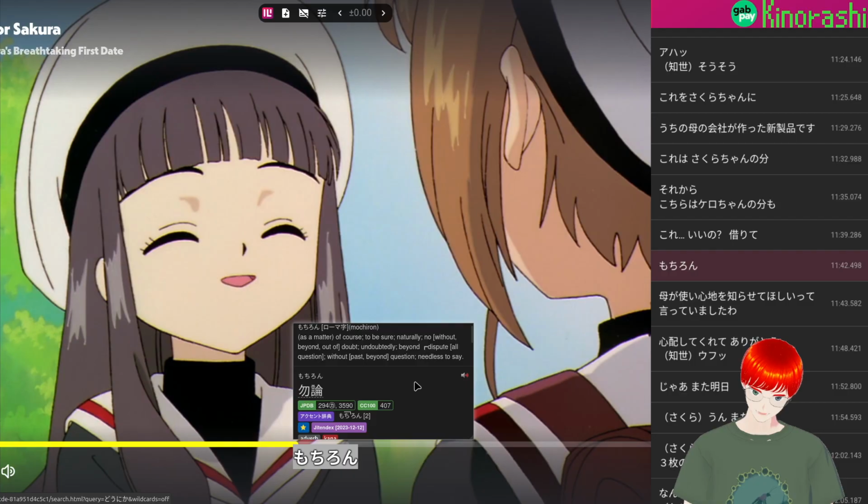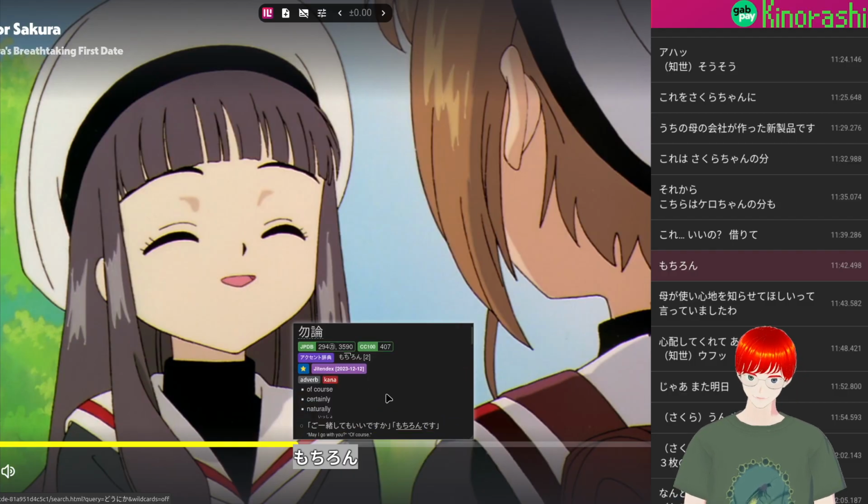Adverb, usually written in kana. Certainly, of course. Oh, so adverb or fukushi.